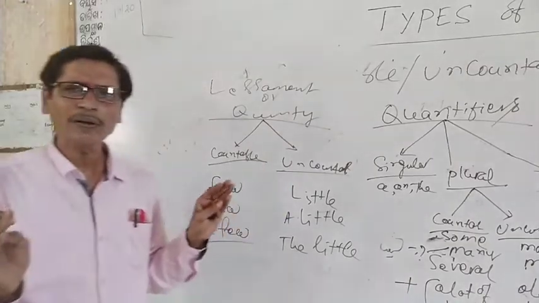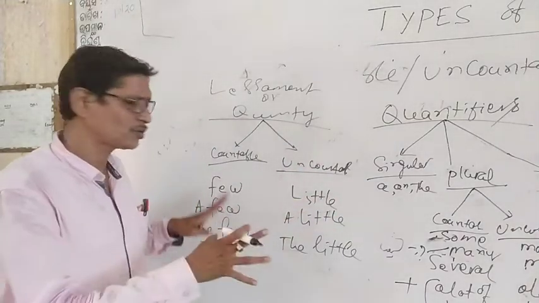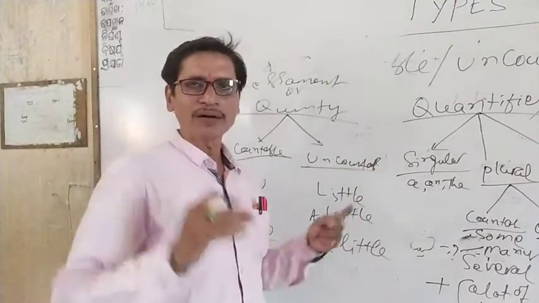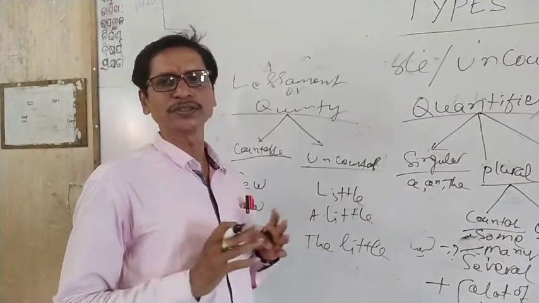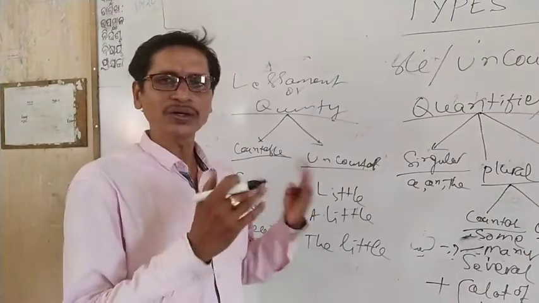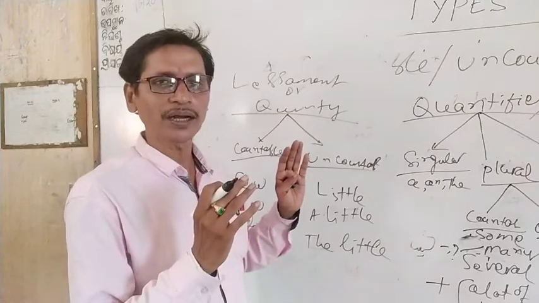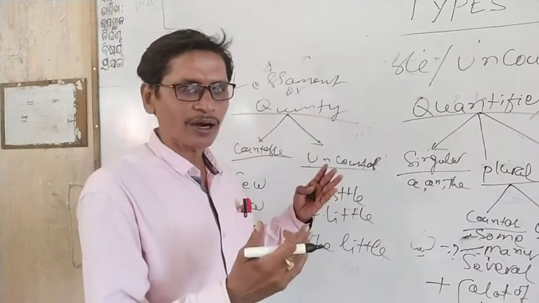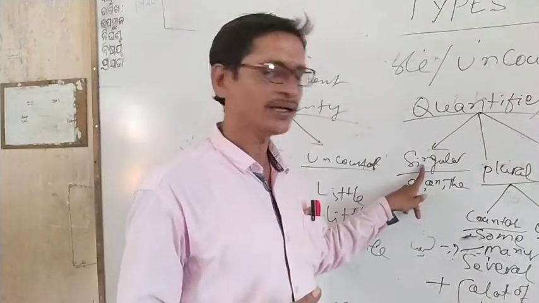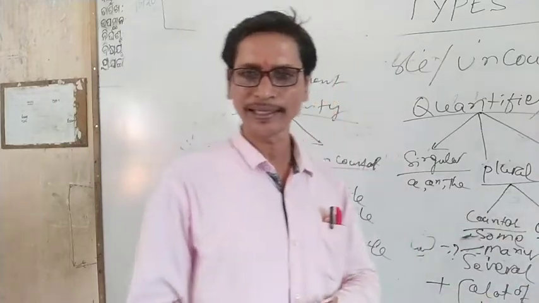So we talked about these words as quantifiers for less amount and quantity. So now we understood we use quantifiers not only for uncountable nouns, we also use them for countable nouns, singular or plural in number, for less amount and quantity.